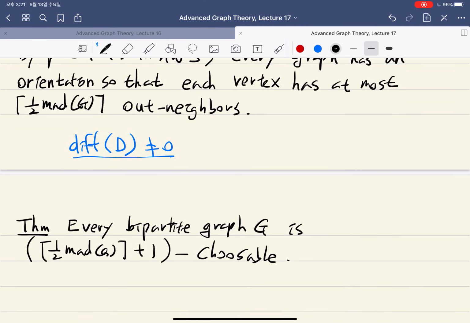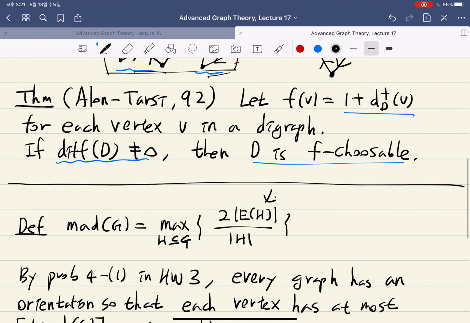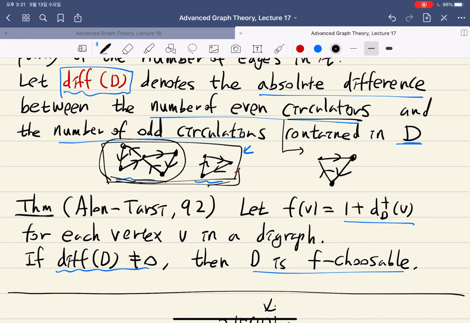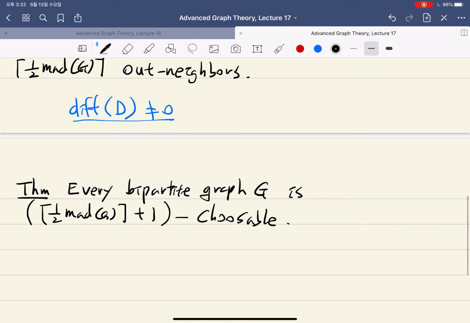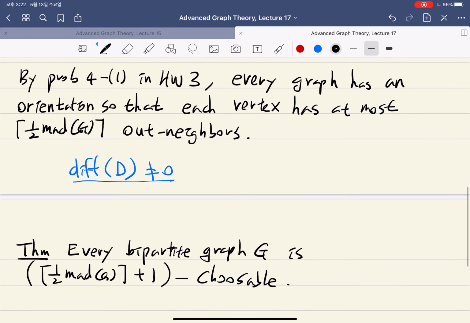And for a bipartite graph, if you consider a circulation, in a bipartite graph every cycle has even length. And this Euler subgraph is actually an edge-disjoint union of cycles. It's one of the facts that we learn in undergraduate graph theory. So that's the disjoint union of cycles, and in a bipartite graph, every cycle has even length. So every circulation is even. There is no odd circulation.